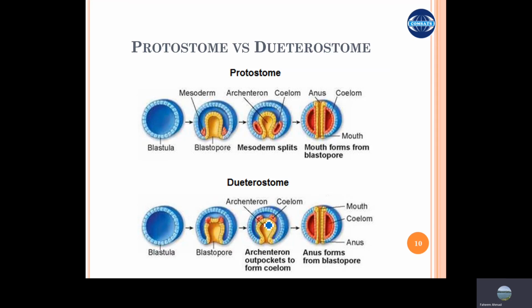Once they make the cavity and big masses, then they get separated, split up from the endoderm and increase in size by dividing and make the cavity. The blastopore becomes the anus first and the secondary opening becomes the mouth. Right, so this is a major difference.